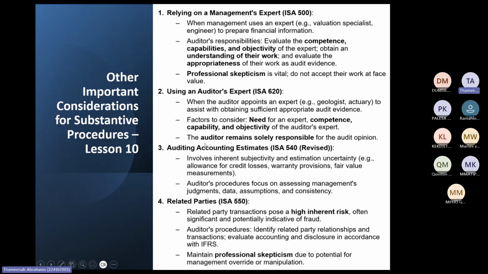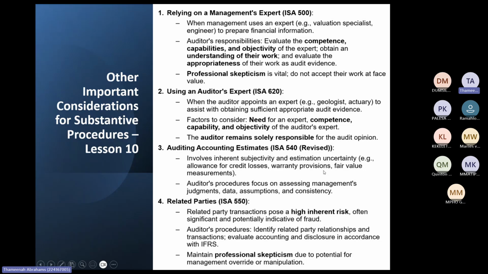So the auditor must still make sure that whatever the expert said, you still go evaluate the work. Okay. Then auditing accounting estimates that involve subjectivity. So estimates is all about allowance for credit losses, which we went through, where the subjective estimate is like 5% of the total trade receivables. Warranty provisions, fair value measurements. So fair value would, for example, fall in line with investment property.